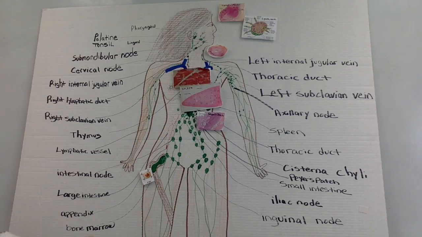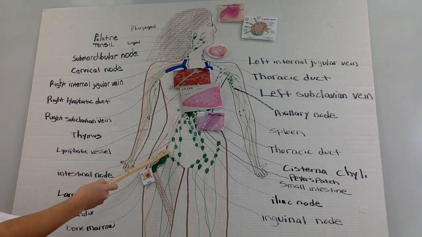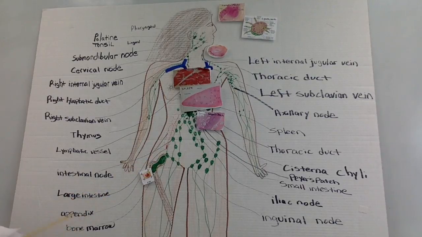Next is the appendix, as shown here in red. It is located in the first part of the large intestine, where it can keep bacteria from getting into the intestinal wall. It also contains a lot of lymphoid follicles and generates memory lymphocytes for quicker immune responses.